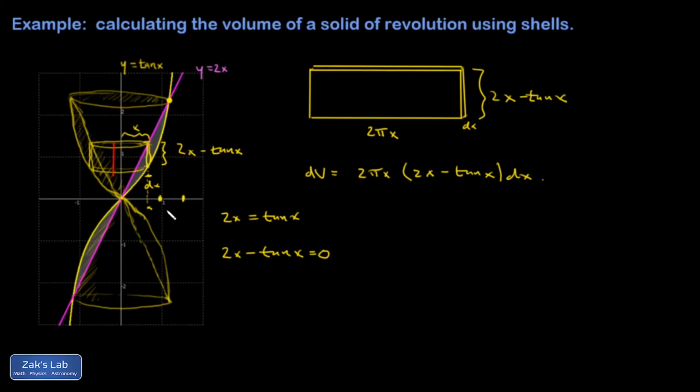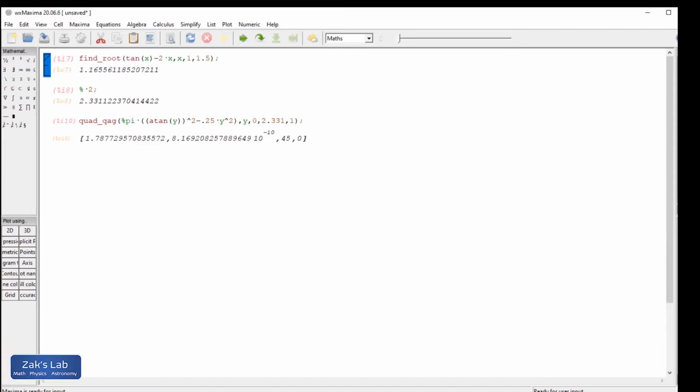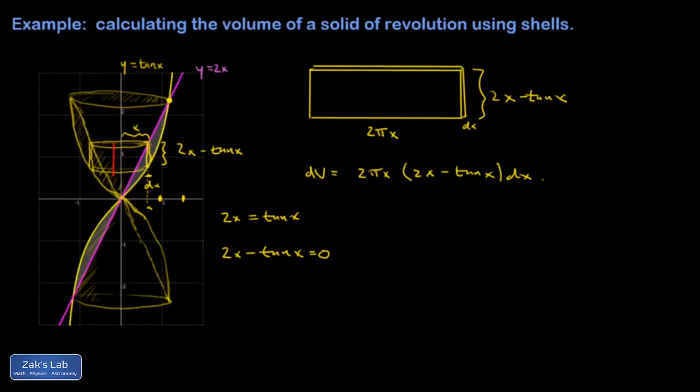I can tell there's an intersection between 1 and 1.5. So you have to put that in for Maxima. And this thing turned out to be at 1.166. So x is approximately 1.166.